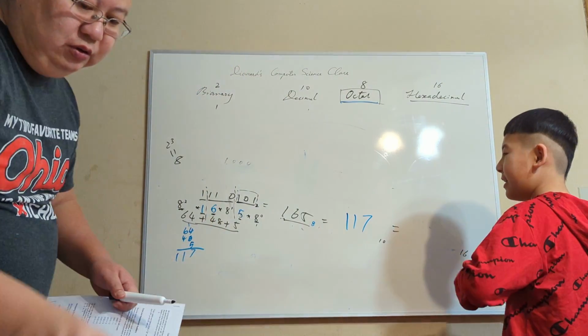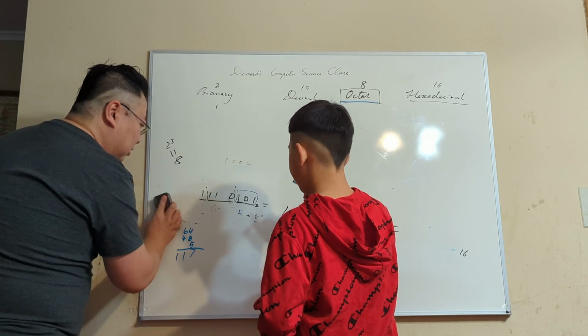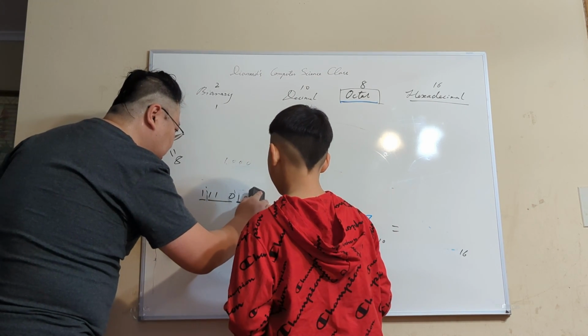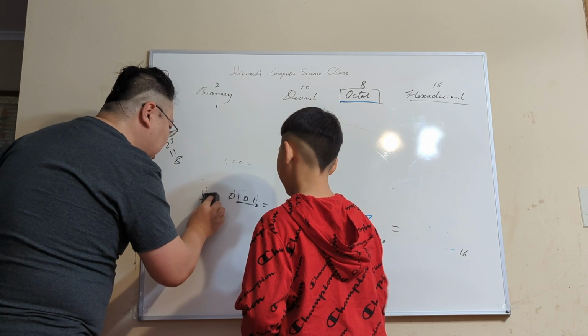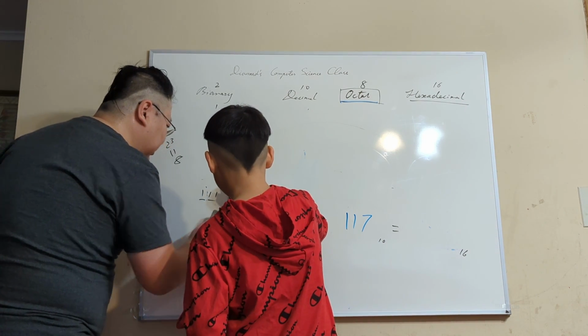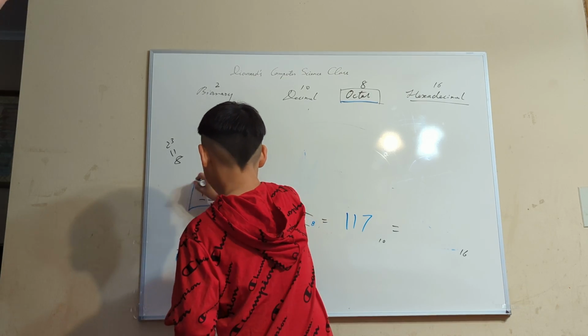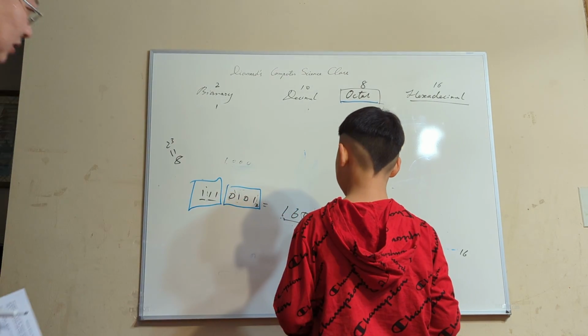So I heard that you said you group it by 4. Yeah, group by 4. Okay, how to do it? This one, and then this one. Yeah, good job. Do it now.